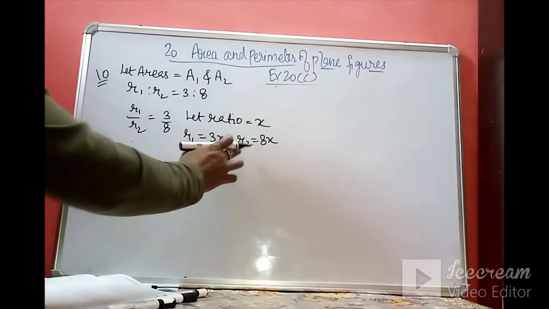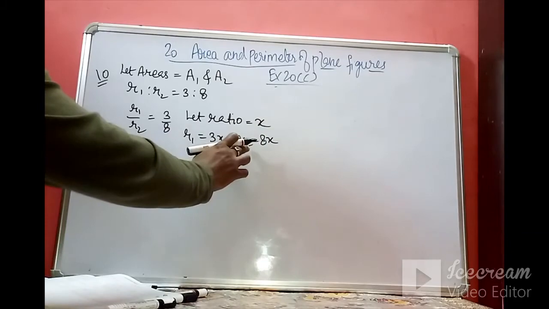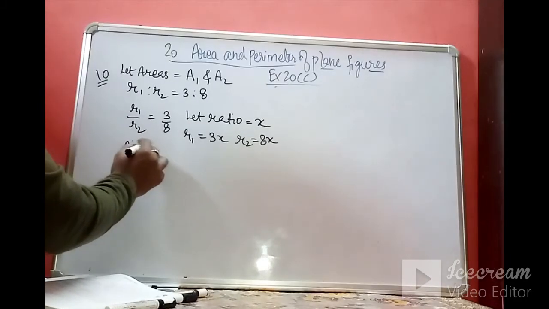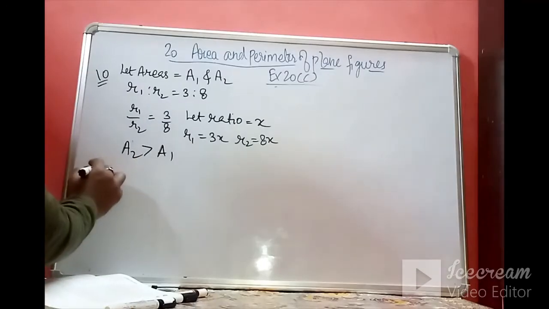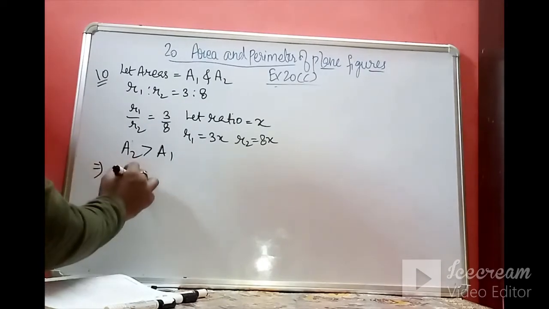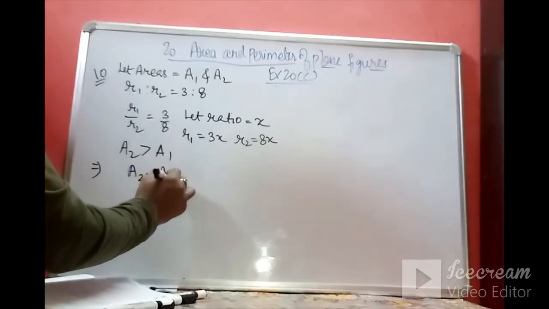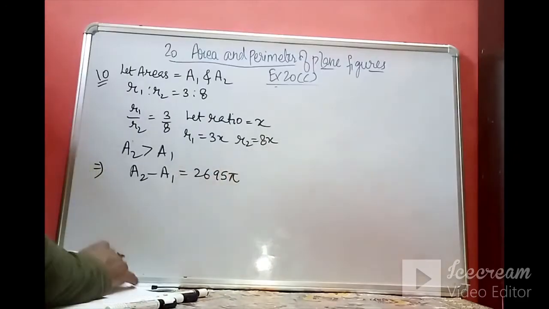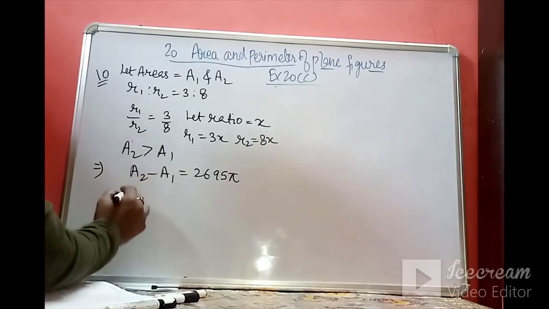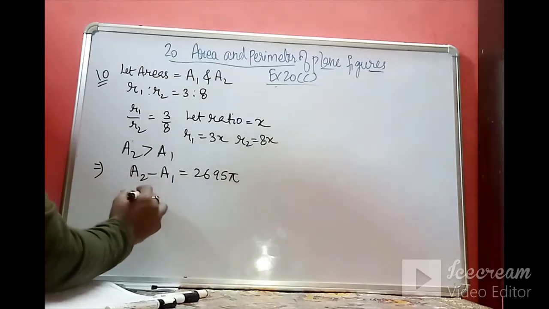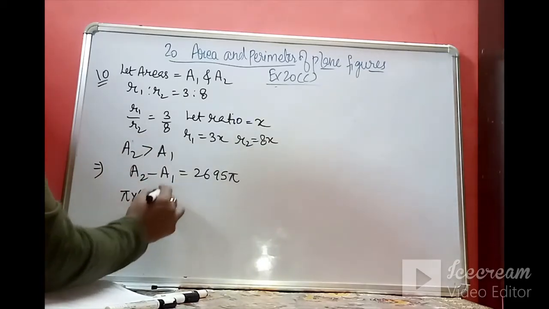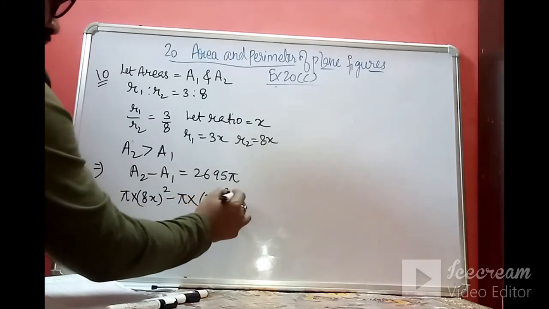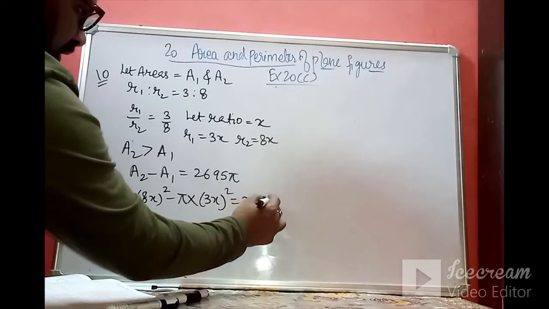Now you can here see very clearly our area of circle having R2 will be more than R1, that we can say. So what is given? It is given that A2 minus A1 equal to 2695 into pi. So let's put the value pi into 8x square minus pi into 3x whole square equal to 2695.